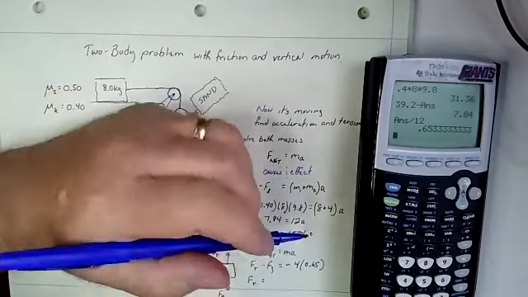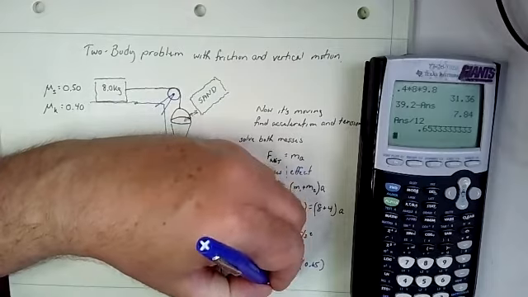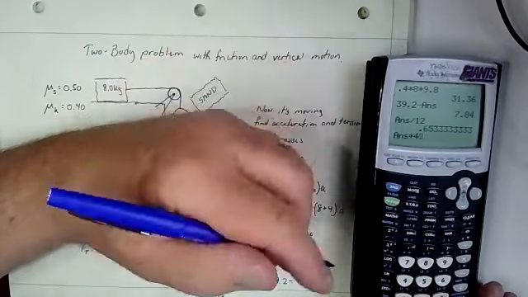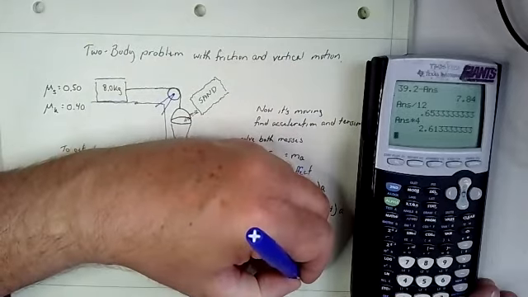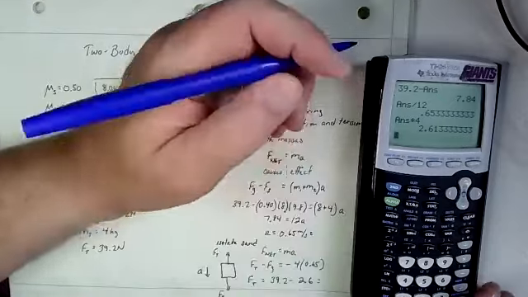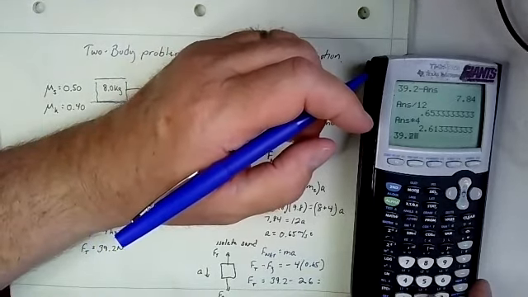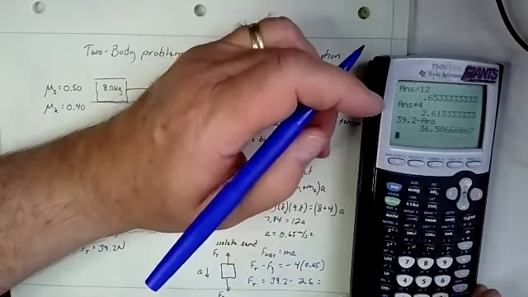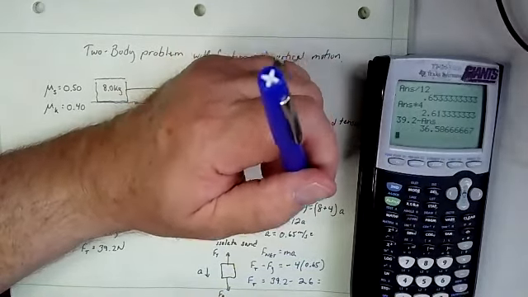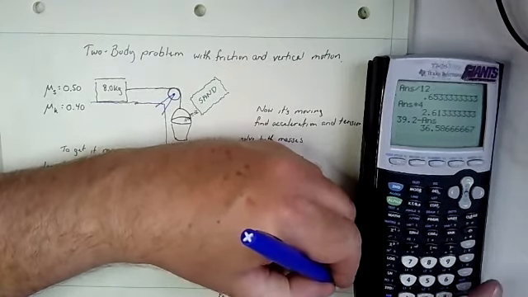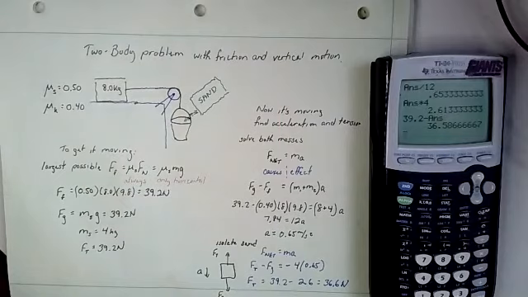So the tension is going to equal the weight, which we know is 39.2, minus 2.6. So the tension actually goes down. So 36.6 newtons. Okay, that's a really good example, and it'll be really useful for this week's quiz too.